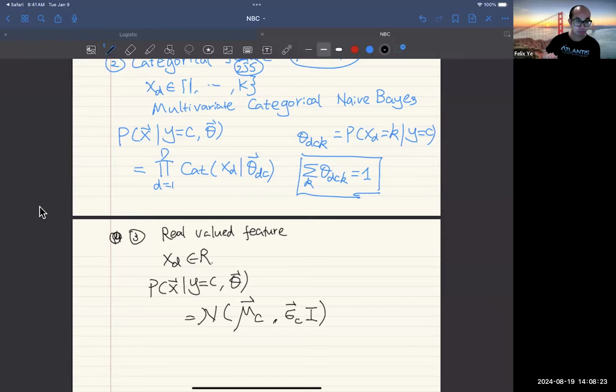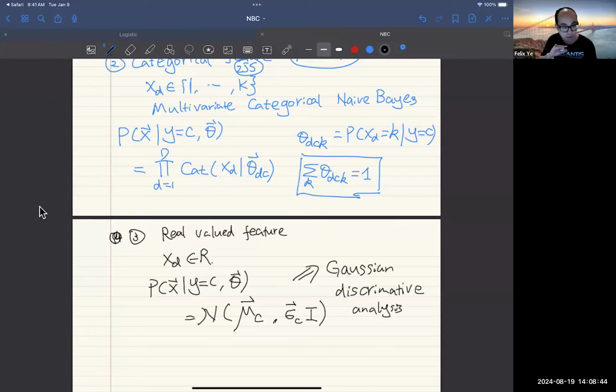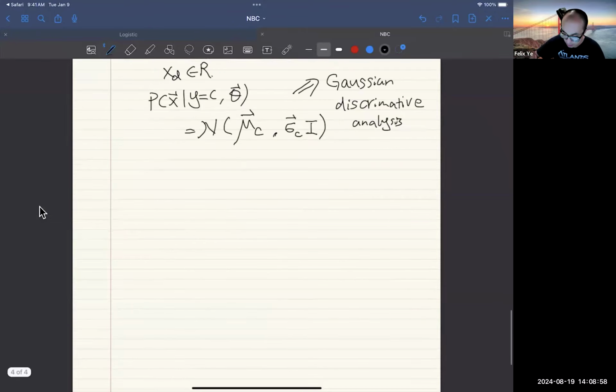So this is basically a kind of Gaussian discriminative analysis. We're going to talk about this in more detail later, when we talk about Gaussian mixture models, but this is just to give you a heads up. This is Gaussian discriminative analysis with diagonal variances.